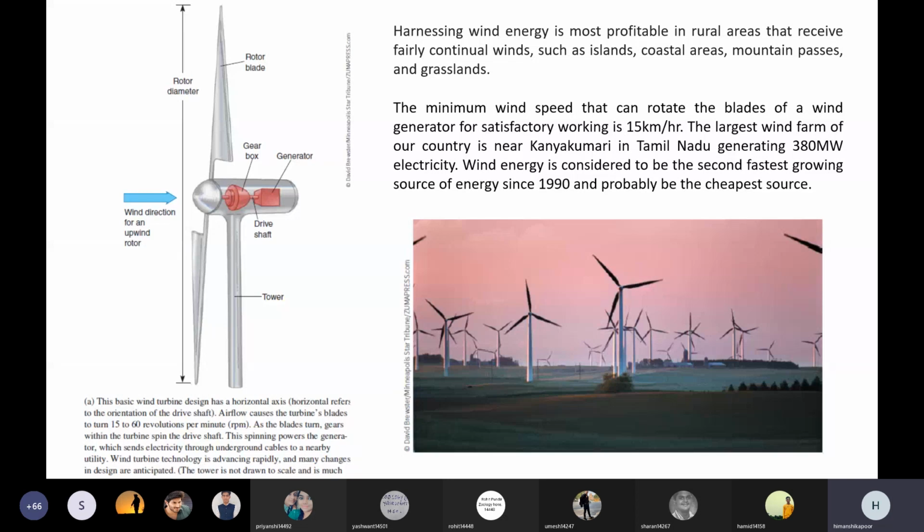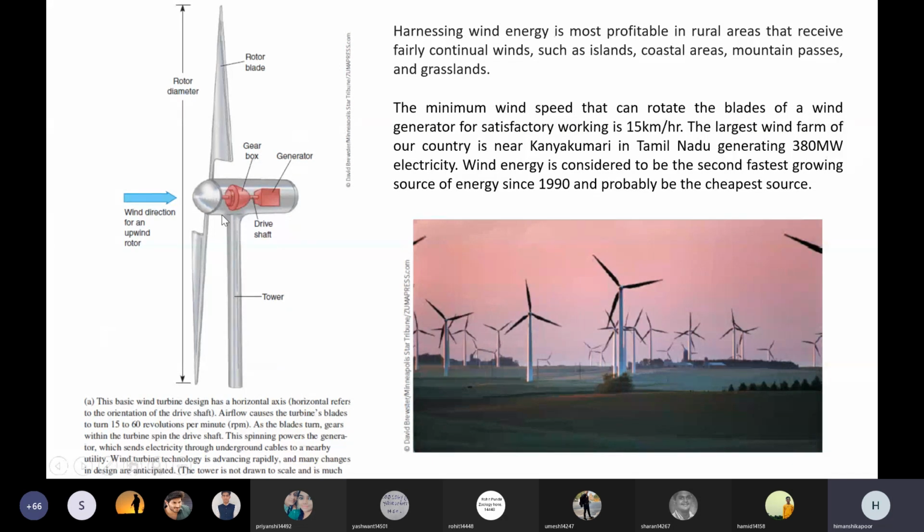So this can be a disadvantage with using wind energy. We will come to advantages and disadvantages in the next slides, but I want you to note this point. This is the minimum speed which is required if you want to just start a windmill, when you want to rotate the blades of these windmills.